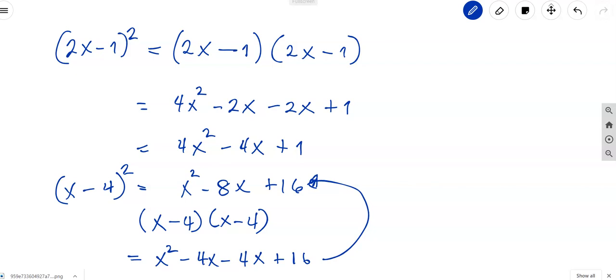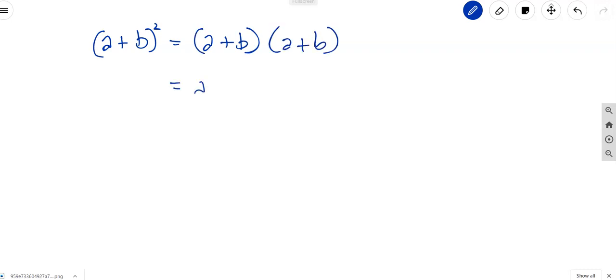Okay, so again, we'll review our formulas. We have a plus b squared will give us a plus b times a plus b, equal to a squared plus ab plus ab plus b squared.